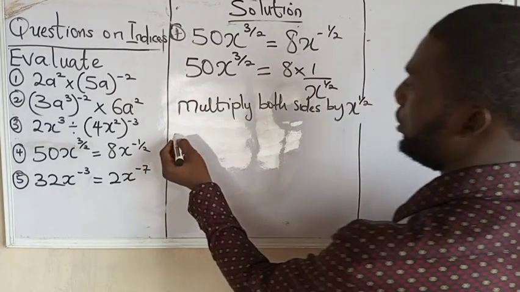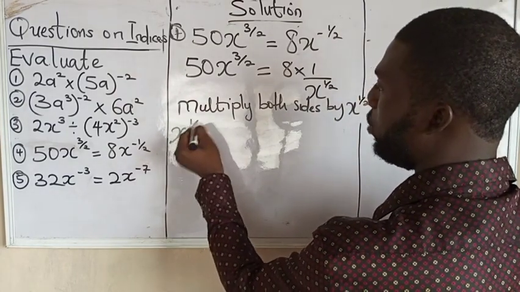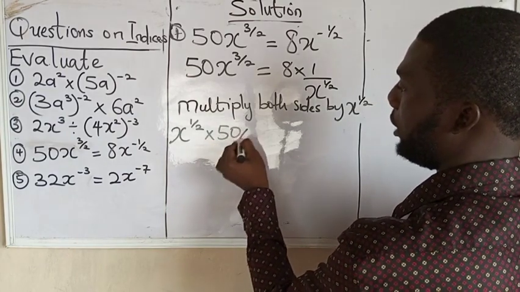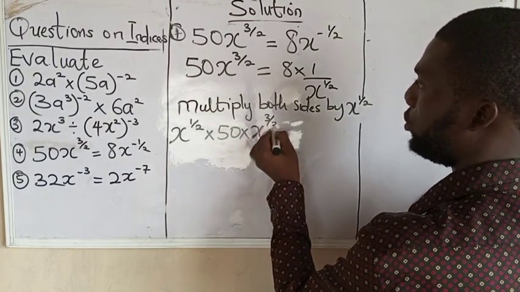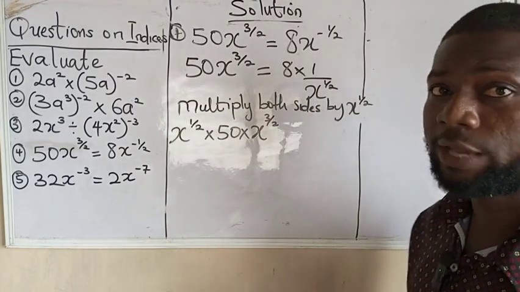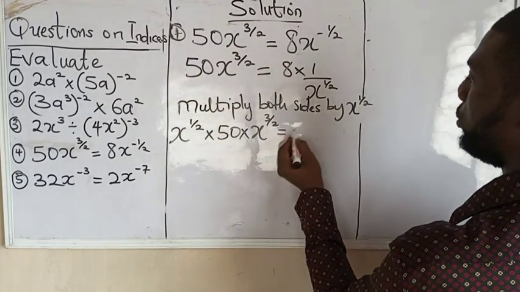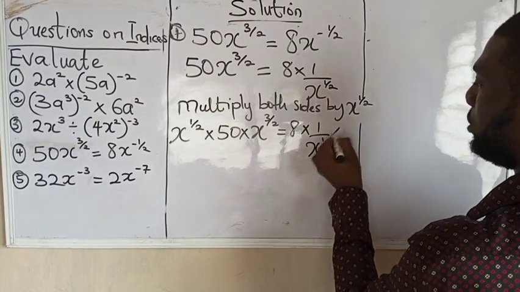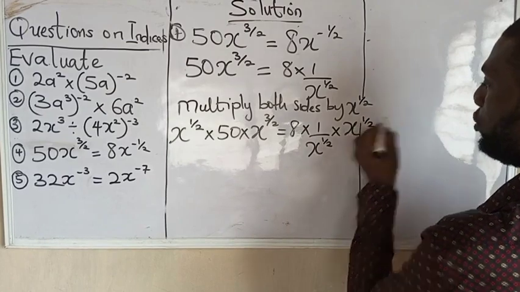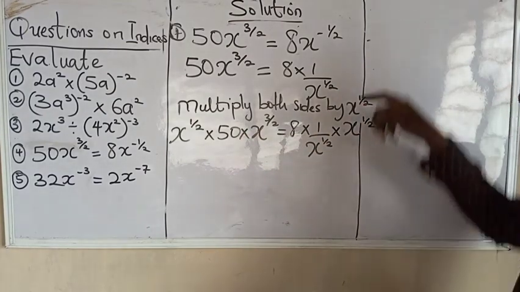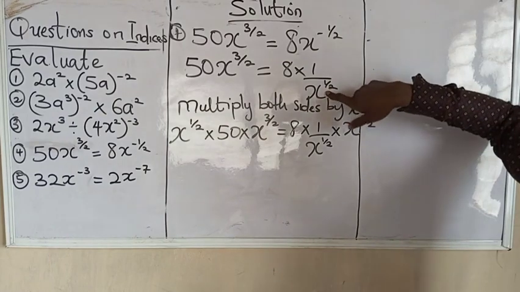So let's do it. We have x raised to power 1 over 2 times 50 times x raised to power 3 over 2. Let's not forget that 50x raised to power 3 over 2 means 50 times x raised to power 3 over 2, equals 8 times 1 over x raised to power 1 over 2 times x raised to power 1 over 2. Why am I multiplying both sides by x raised to power 1 over 2? Because I need to get rid of this denominator.